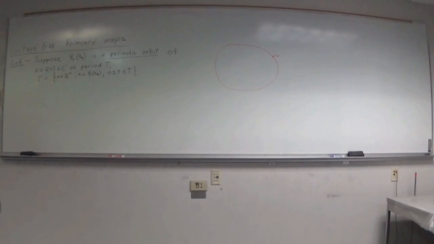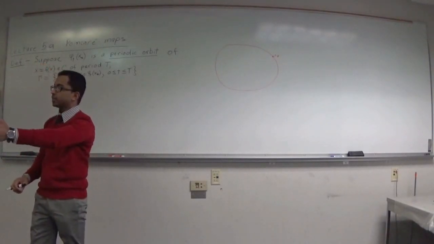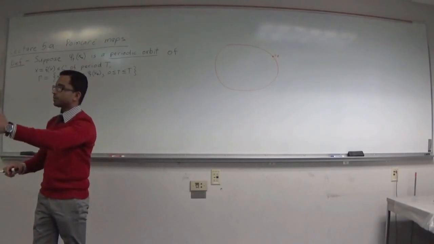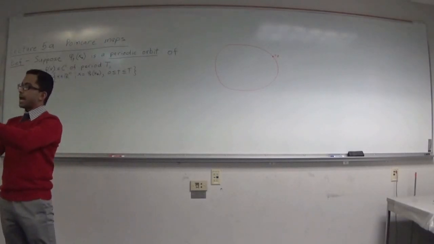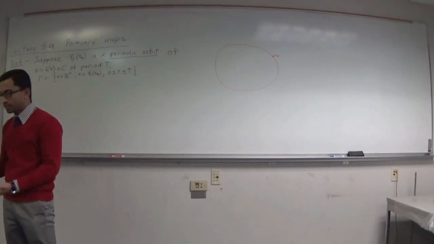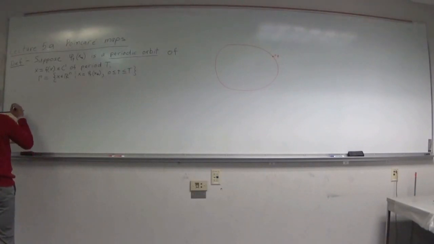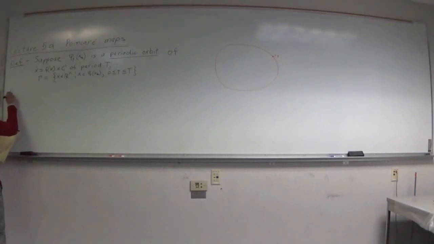Now, to set up the Poincaré map, the idea is we're going to put some sort of section into our flow, and we're going to see what happens on that little manifold. So now we have to define what that manifold is, what that hyperplane is.